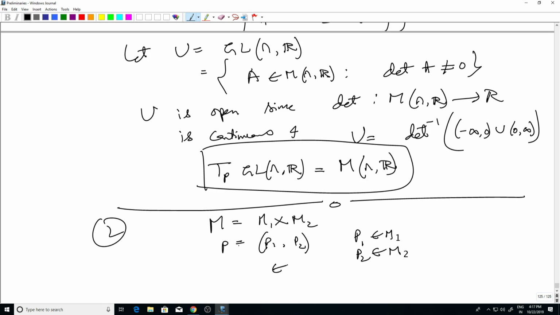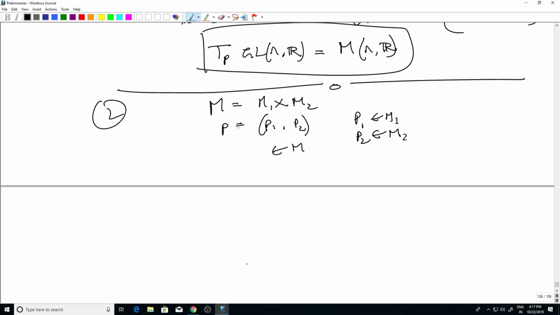So this point P is in M. I want to look at the tangent space at P, T_P M. I want to claim that this is isomorphic to T_P1 M1 direct sum T_P2 M2.